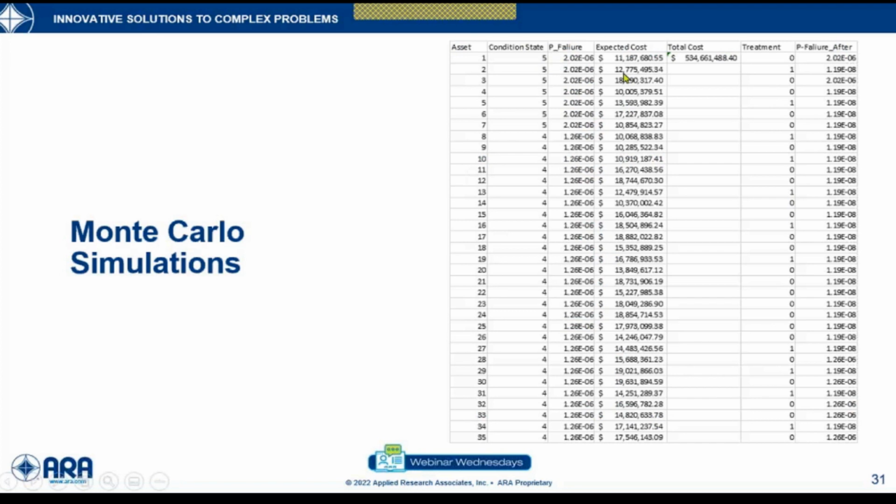So each asset would have a probability of failure and an expected cost. So if it fails, how much would it cost? Multiplying the probability of failure by the cost when it fails would give you basically an expected cost, shown here in the column.